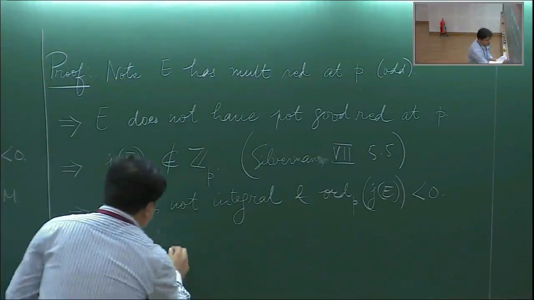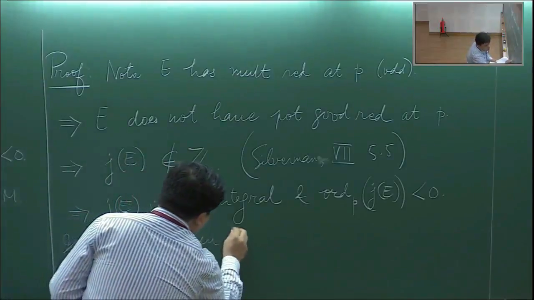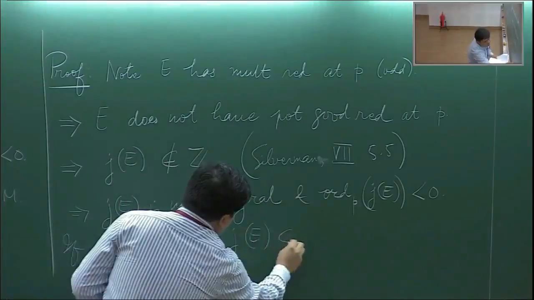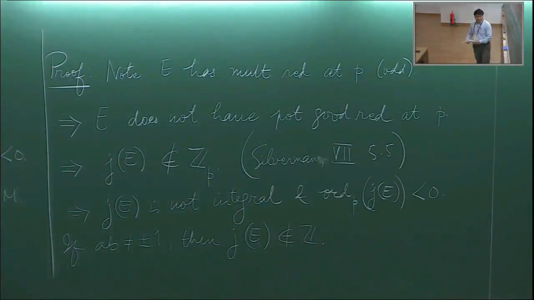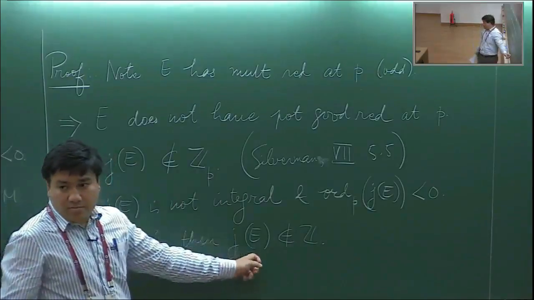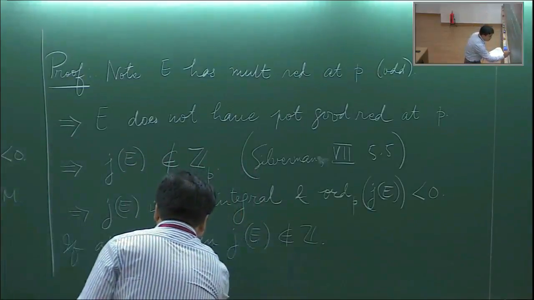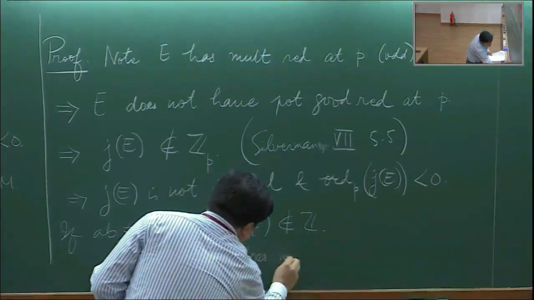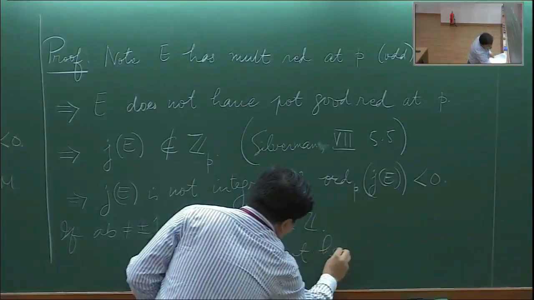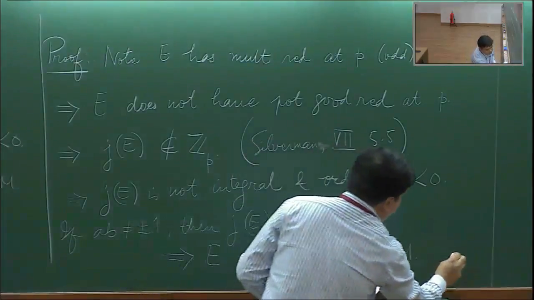So then j(E) is not inside Z, which means that my E cannot be an elliptic curve with complex multiplication, right? So this implies that E does not have CM.